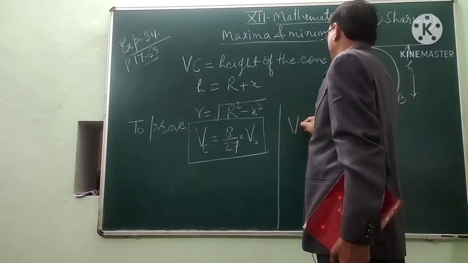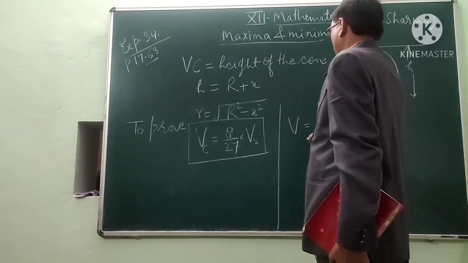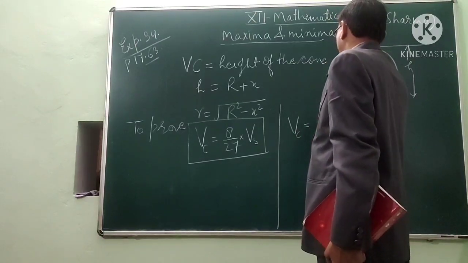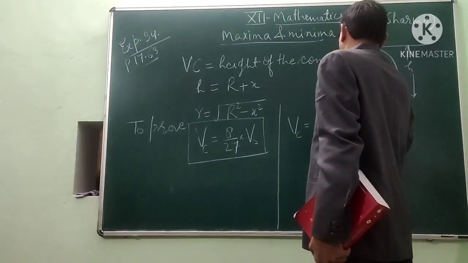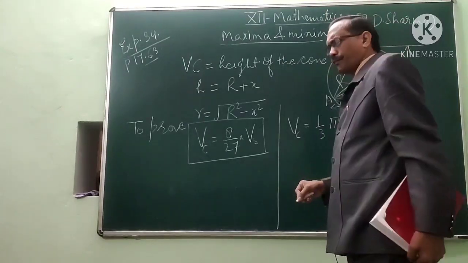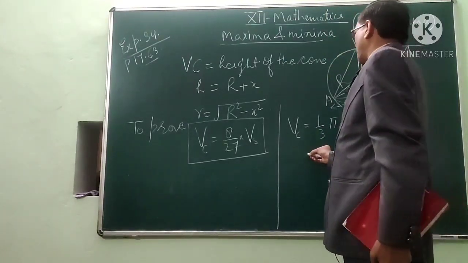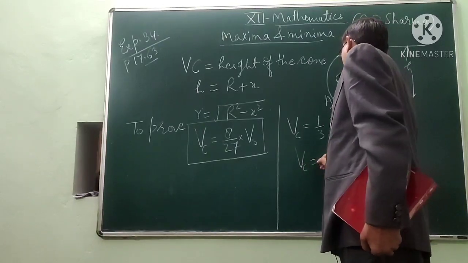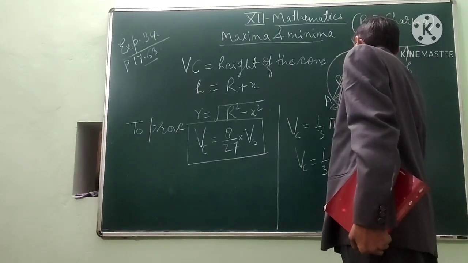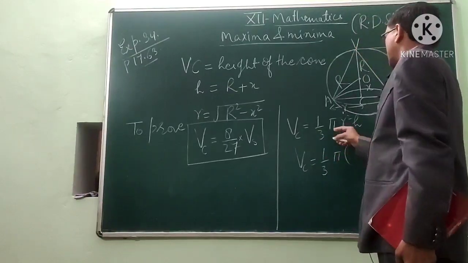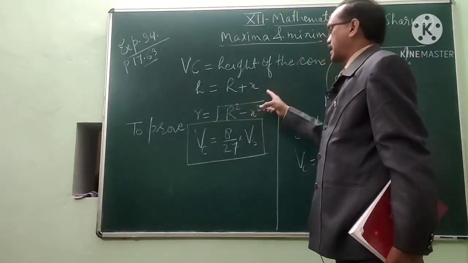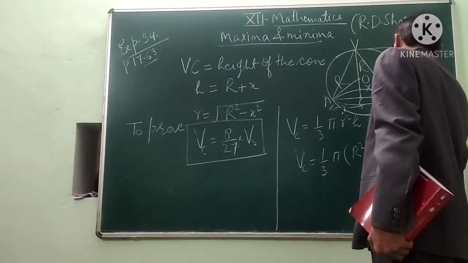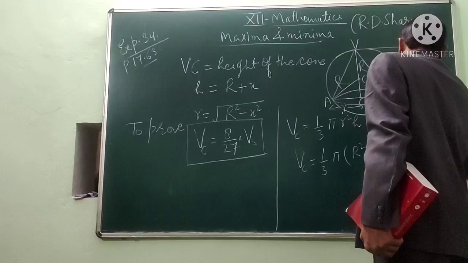Volume of cone, let V_C be the volume of cone, is 1 upon 3 pi r square h. So V_C is 1 upon 3 pi, radius is root of R square minus x square, so it becomes (R square minus x square) into (R plus x).